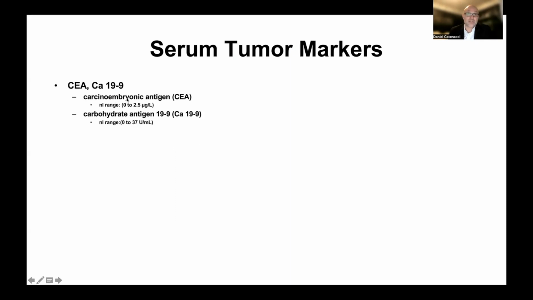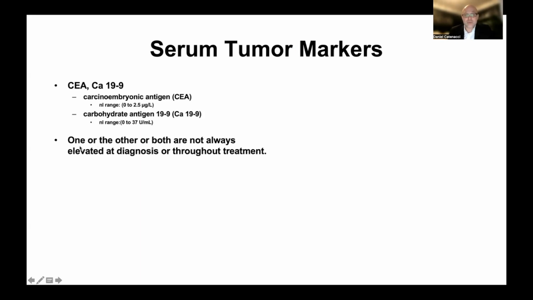In this case, many of them are excreted at the time of development in embryos, and then sort of go quiet and are not elevated anymore in the adult. But then cancer cells sort of revert back and start to excrete these things. So these would be the two values that we'd be looking for.